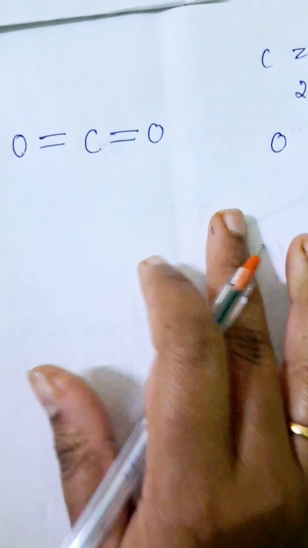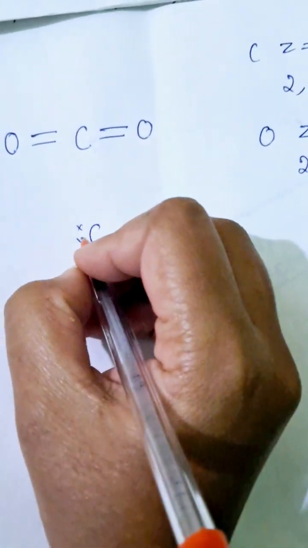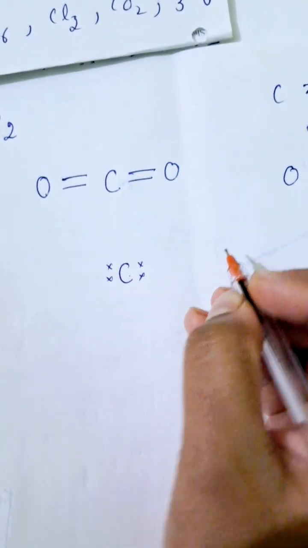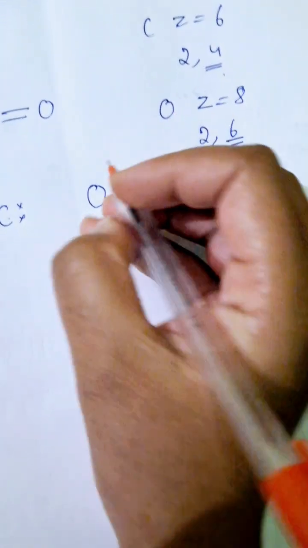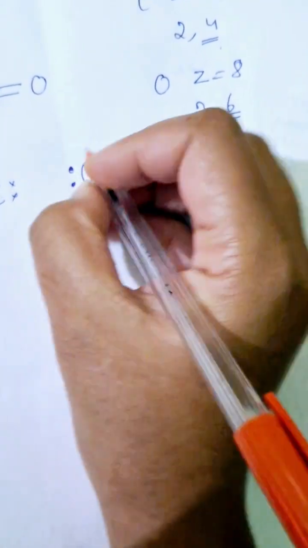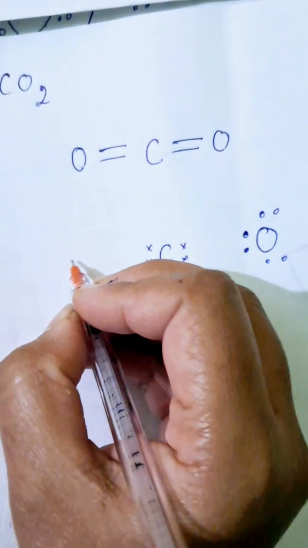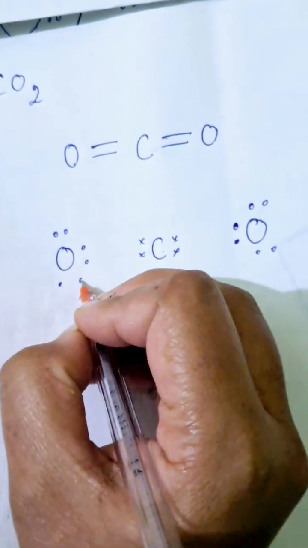Okay, so now let's see the dot structure. So carbon 1, 2, 3, 4. 4 valence electrons. Okay, so oxygen, how many electrons does it have? 6 electrons. So 1, 2, 3, 4, 5, 6. Similarly this side also oxygen 1, 2, 3, 4, 5, 6.